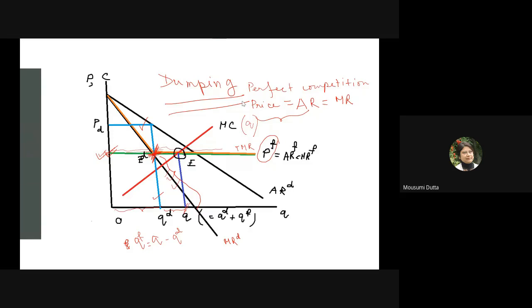For this semester, this much concept is enough: what is meant by price discrimination, why the volume of output will be different, why the prices will be different.